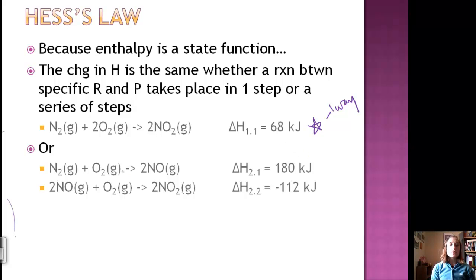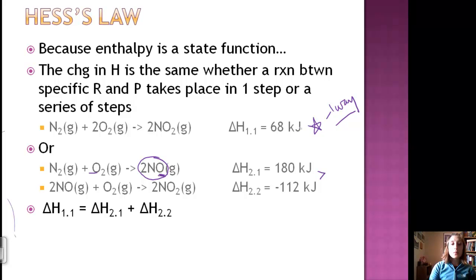First we're reacting nitrogen with 1 mole of oxygen to produce nitrogen monoxide, and then we're taking that nitrogen monoxide and making it a reactant in step 2, plus oxygen to produce nitrogen dioxide. So now we've got 2 steps instead of just the 1. But the interesting thing is, because enthalpy is a state function, no matter which way we do it, we're going to get the same total answer.